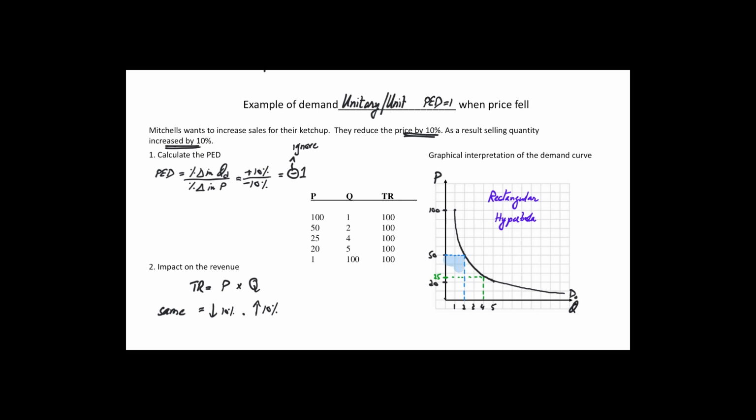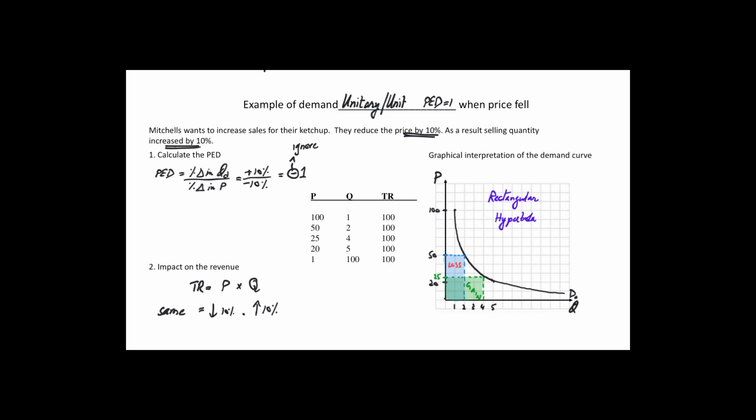My original revenue is this, and when the price falls down, my new revenue is this. So when the price fell, I lost this region and I gained this region, and they both look exactly the same, showing that the revenue is not going to change. That's the special thing about rectangular hyperbola, that the percentage changes are equal and the revenue doesn't change.